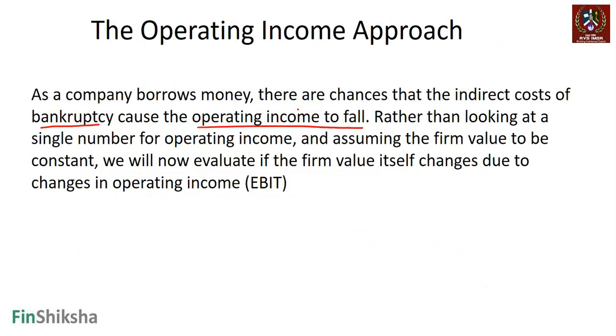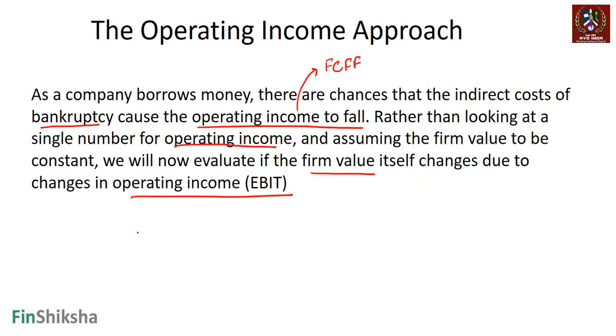If the operating income will fall, then it's possible that because of this, the free cash flow to firm will fall. And hence, rather than looking at a single number for the operating income and just saying that cost of capital has to be minimized, what we are saying is that we will now evaluate if the firm value itself changes because of change in the operating income, right?